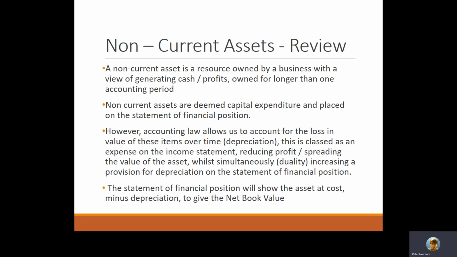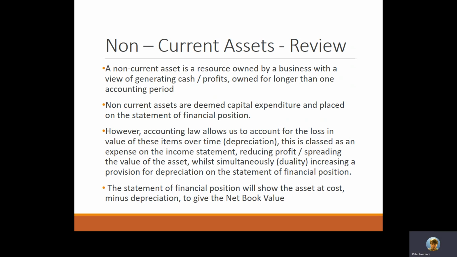And also at the same time, we increase the provision for depreciation on the statement of financial position. So whilst we class non-current assets as capital expenditure, as we use the asset and we use up part of its value, that is then placed on the income statement as revenue expenditure as an expense.